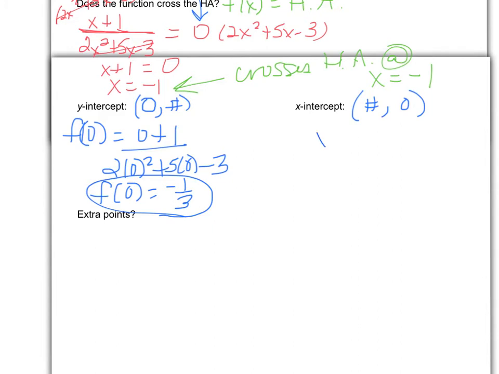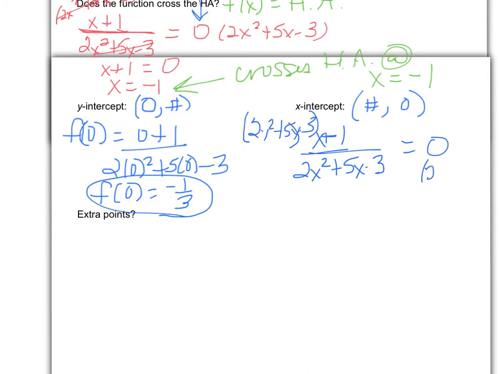If I have x plus 1 over 2x squared plus 5x minus 3 equal to 0, and this one will always equal 0, when you multiply both sides by your 2x squared plus 5x minus 3, that cancels, and I'm left with x plus 1 equals 0. Basically, anytime you want to find an x-intercept, really all you're doing is setting your numerator equal to 0.